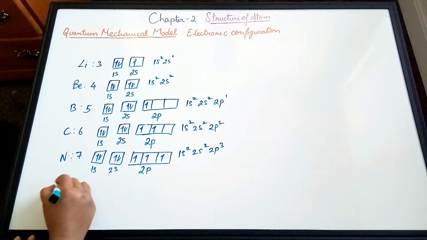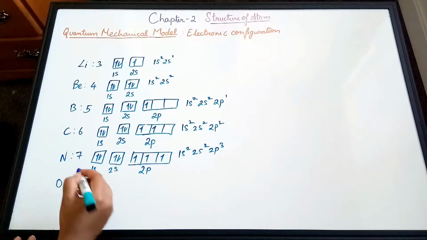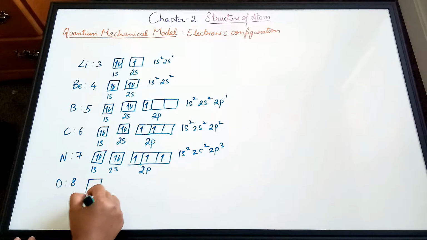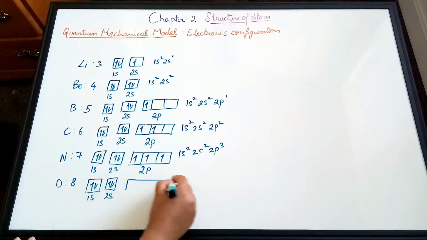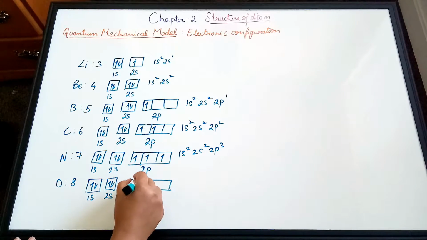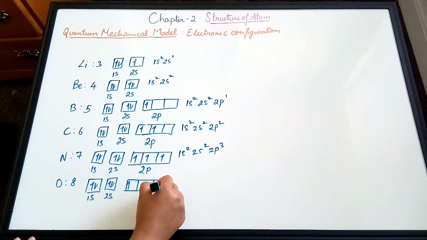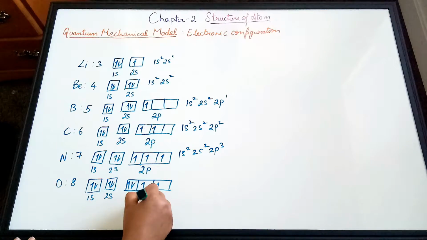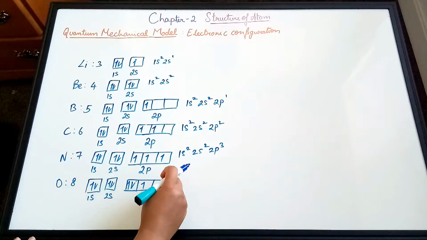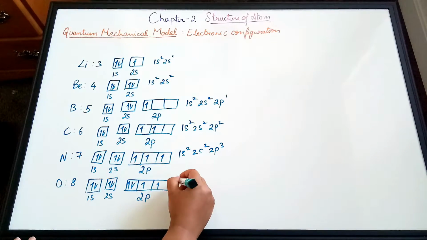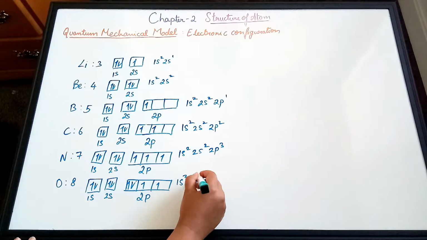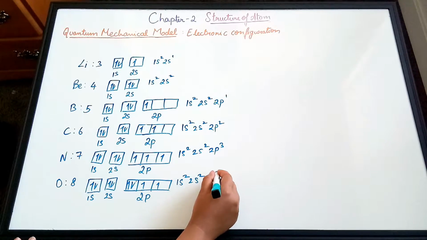Next, oxygen. Oxygen's atomic number is 8. Here you have 1s paired up, and 2s will also be paired up. Now 2p. Here we will start pairing the electrons, because all 3 orbitals were singly filled, so the 4th electron was added over here. So 1s2 2s2 2p4.